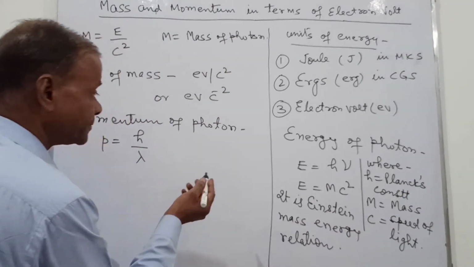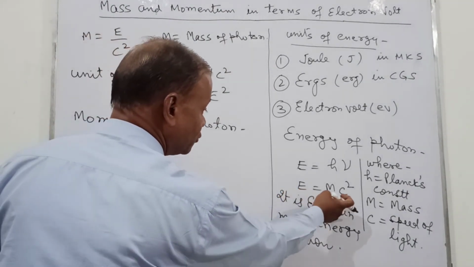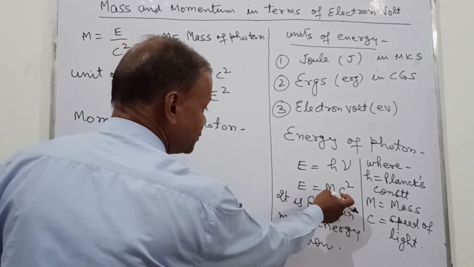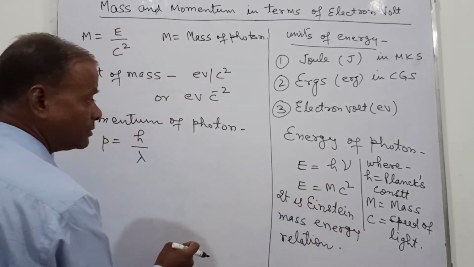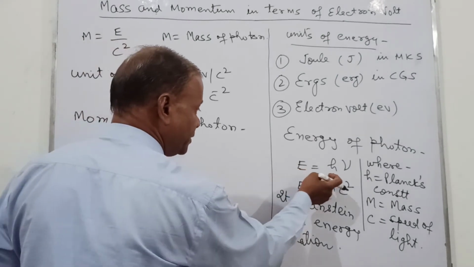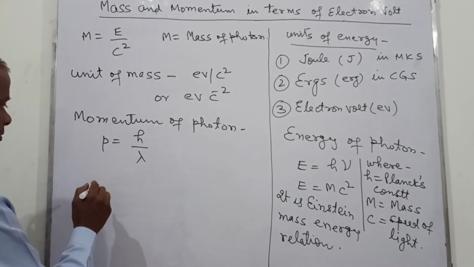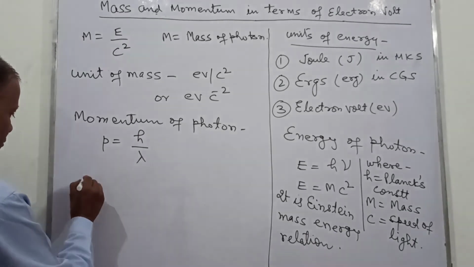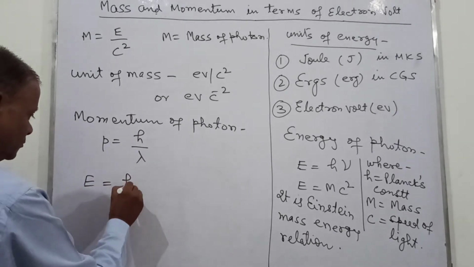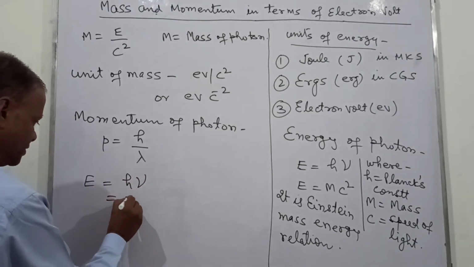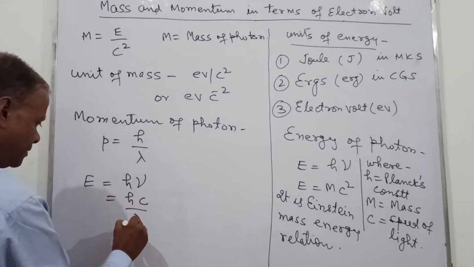So now we can express this. You can find from here also E equal to mc into c, and also E equal to hc upon lambda. So E equal to h nu, and this is equal to hc upon lambda.